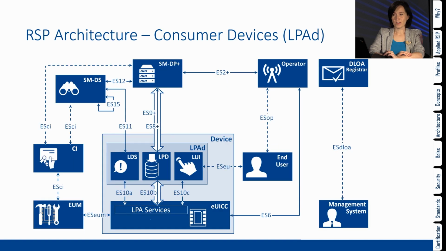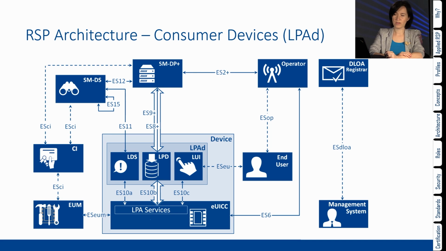Okay, and here we have the consumer devices architecture. The main difference, as you can see from the architecture, is the LPA, or the LPAD on this slide, the local profile assistant in the device.